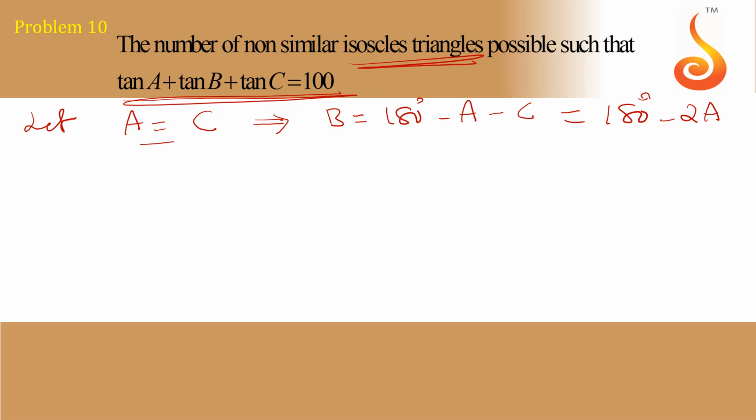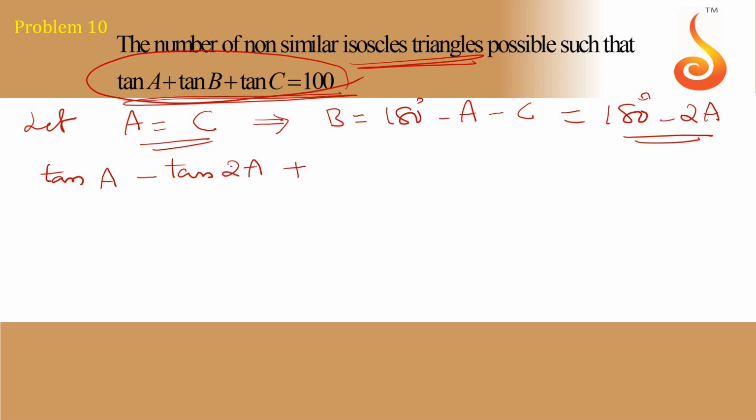Now let us use these conditions in the given equation. So you will get tan A, tan B is tan of 180 minus 2A, which is minus tan 2A, plus tan C is again tan A, which equals 100.